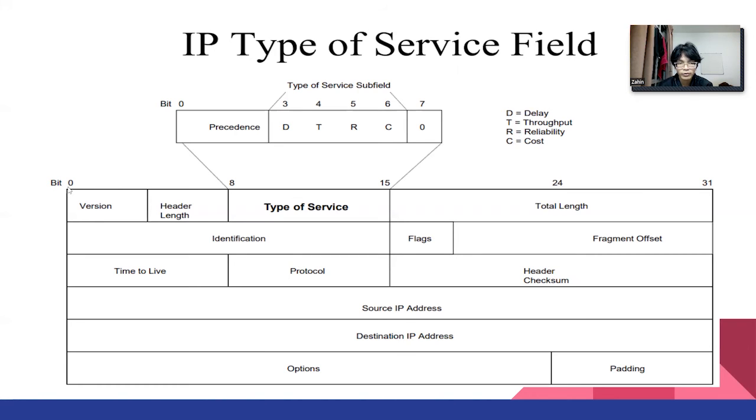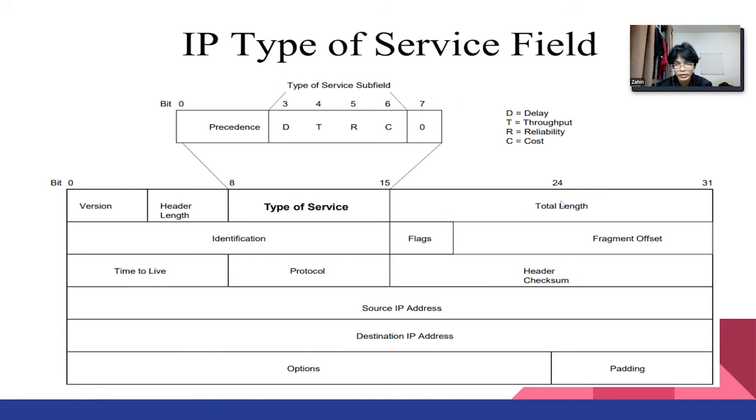And we go down here, from bit 0 until 7, we have version, header length, and from bit 8 until 15, we have type of service, and from 16 until 31, we have the total length. And then we have identification, and below here, we have time to live and protocol.